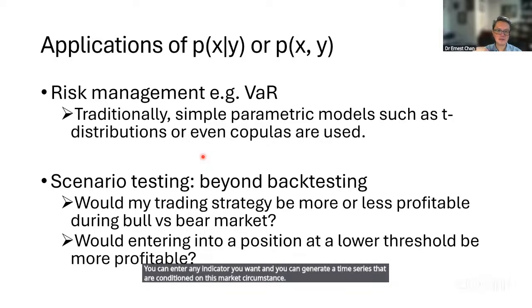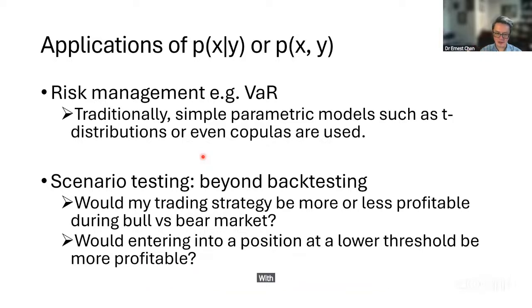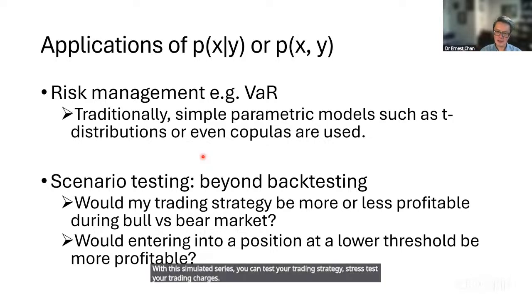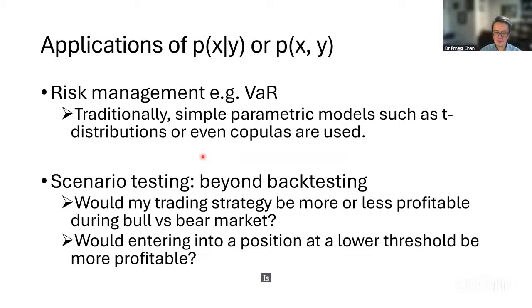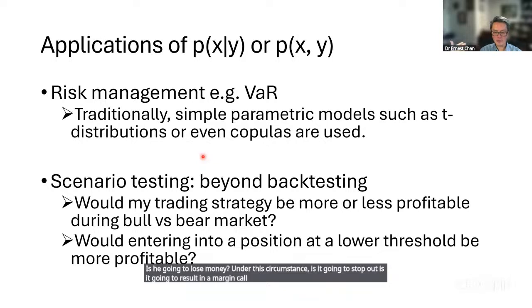With this simulated series, you can stress test your trading strategy. Is it going to lose money under this circumstance? Is it going to stop out? Is it going to result in a margin call? Would entering at a lower threshold be better?